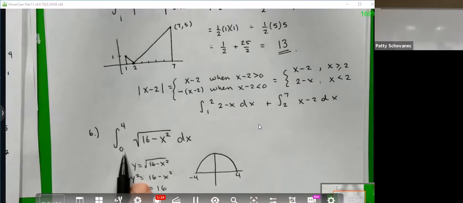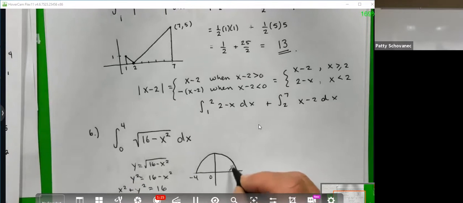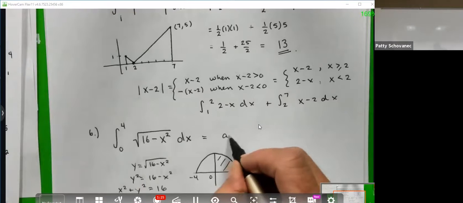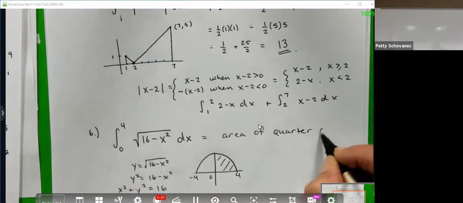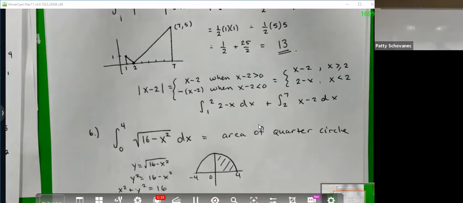But this doesn't want me to find the area under that circle from -4 to 4. It only wants the area from 0 to 4. So this is the area of the quarter circle. Well, the area of a circle is pi r squared.